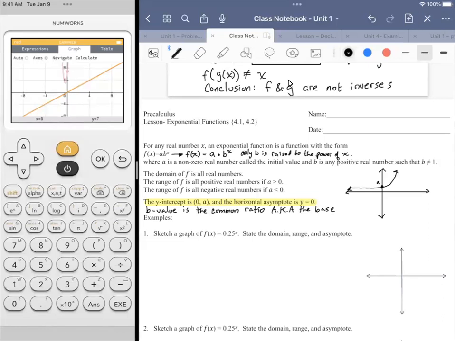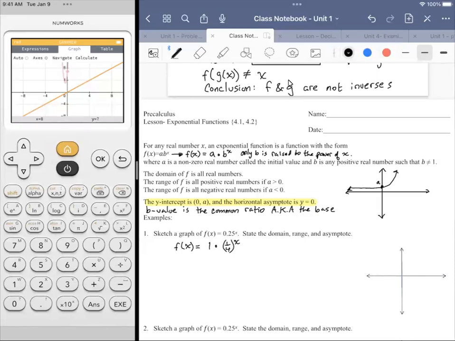In number 1, I say sketch a graph of f of x is equal to 0.25 to the x. You can make a table of values. You could also use some of what I'm saying here. We could figure out what the y-intercept is, because this is the same as f of x is equal to 1 times 1/4 to the x power, or 0.25 to the x power if you just want to work with the decimal form.